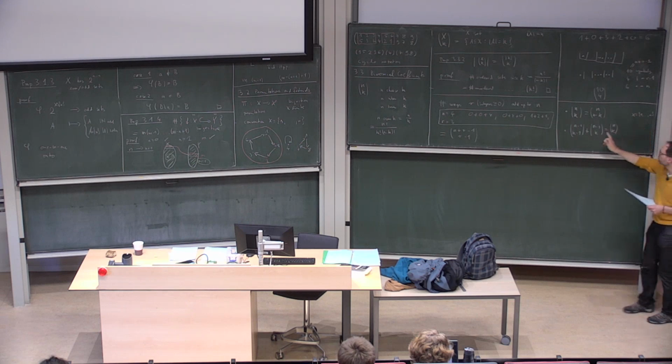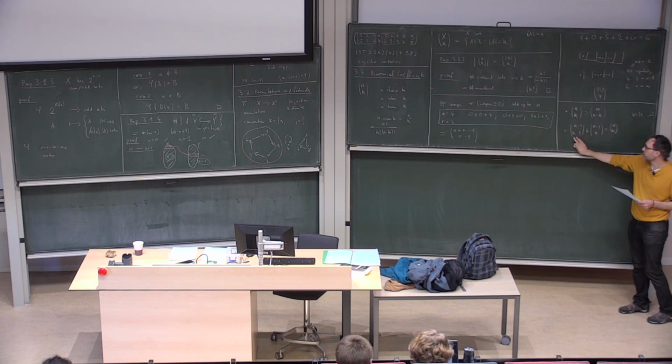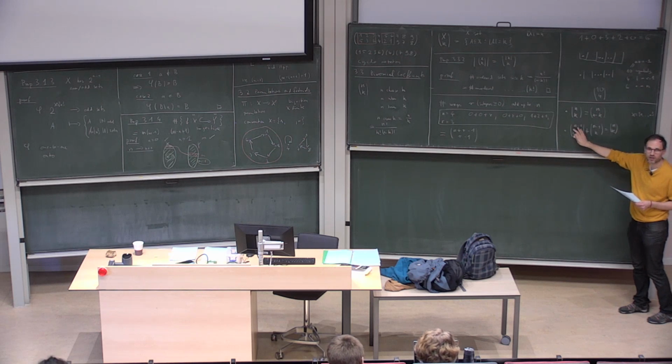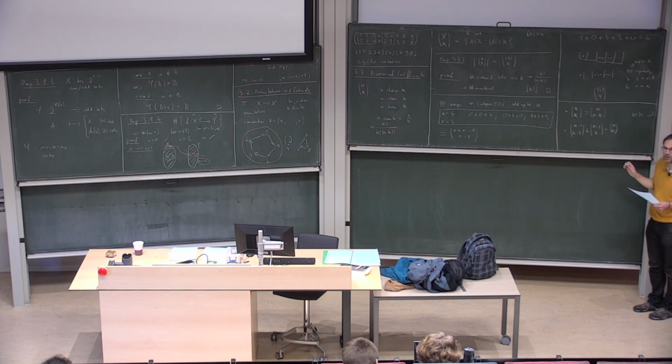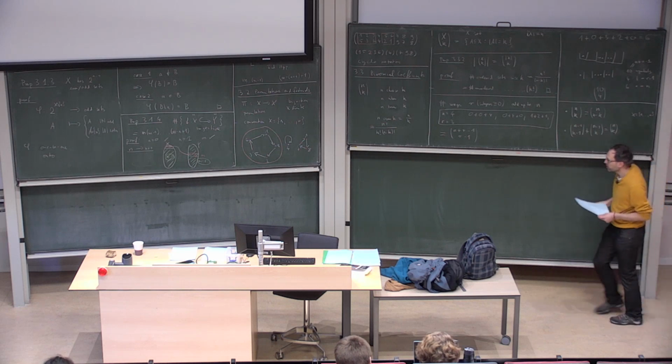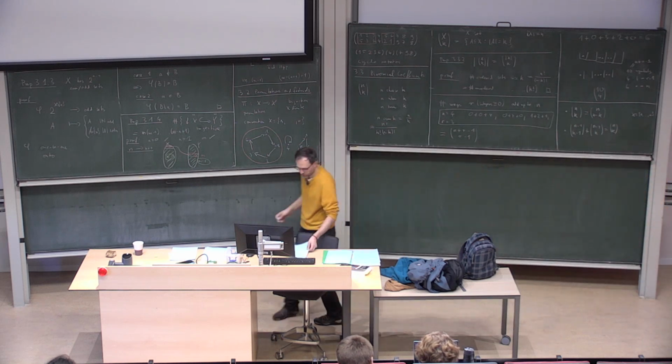I can look at those that contain 1. There are n minus 1 choose k minus 1 many of them. Right? The remaining k minus 1, I choose out of the remaining n minus 1. Or they could not contain 1. Then I have to choose k out of them on the set of size n minus 1. That was maybe too fast. Okay, maybe I do that a little bit more formally as well.